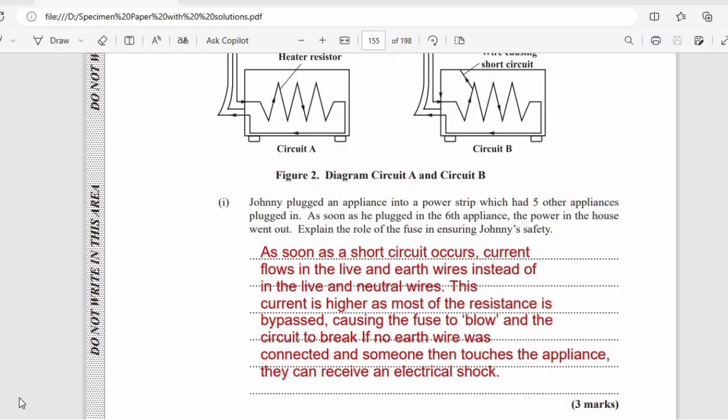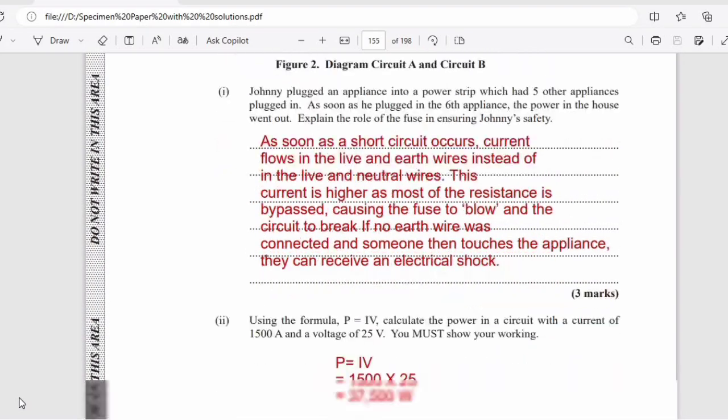So you must know what the fuse is for in any electrical appliance. Whenever there is a high current passing through the circuit, the fuse is going to blow and prevent current from flowing to the rest of your appliance. So this is like a defense mechanism in a case where we might have more current oversupplied to the circuit. So that's for 3 marks.